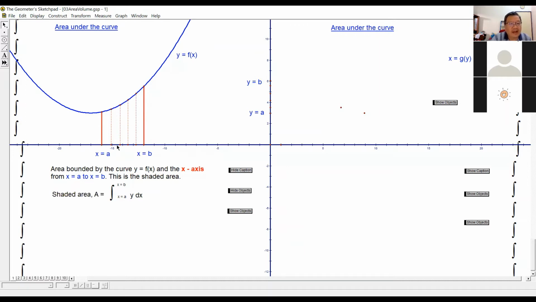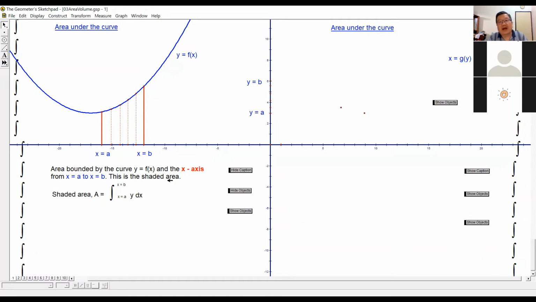The upper and lower limits are values of x, and the dx here also shows that it is between the curve and the x-axis.